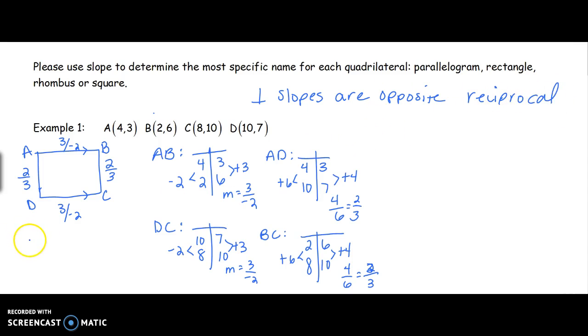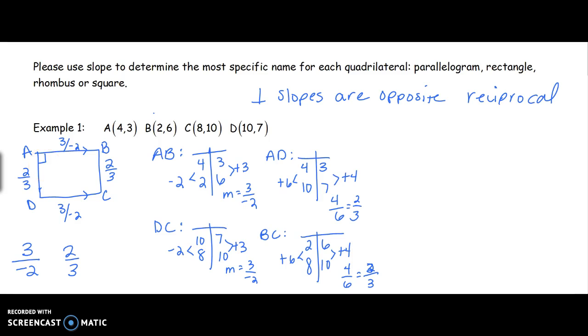Which means if we look at AB, that's 3 over negative 2, and we look at AD, which is 2/3, one of these two numbers has to be positive and one of them has to be negative, and the fractions need to be flipped. Since 3 is on the top, 3 needs to be on the bottom. Since 2 is on the bottom, 2 needs to be on the top. So because these two slopes are opposite reciprocal, we can say that they form right angles.